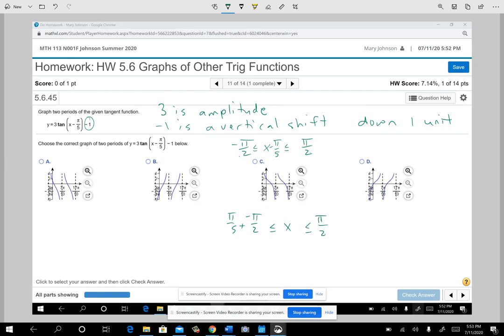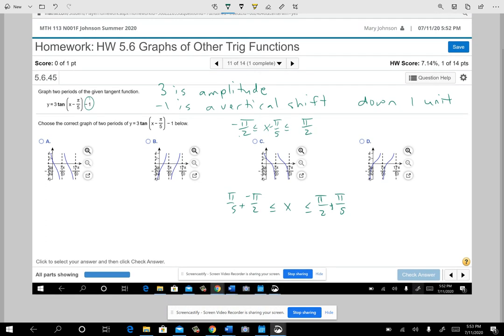I'm just going to write it here so we can calculate it. Okay, and so the reason you see all the 10s up there is because when you try to combine these, you need a common denominator of 10. So this would be 2 pi over 10. This would be minus 5 pi over 10. So on this side, I have -3 pi over 10.